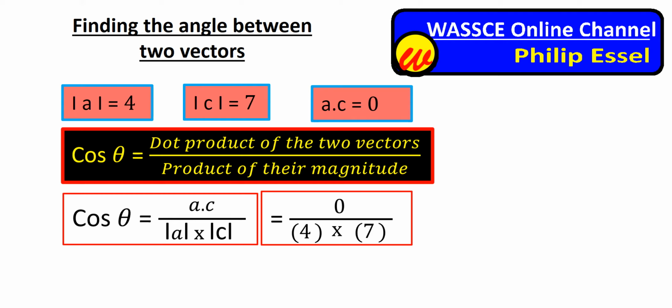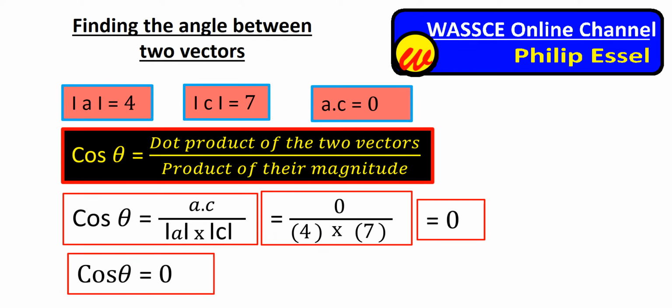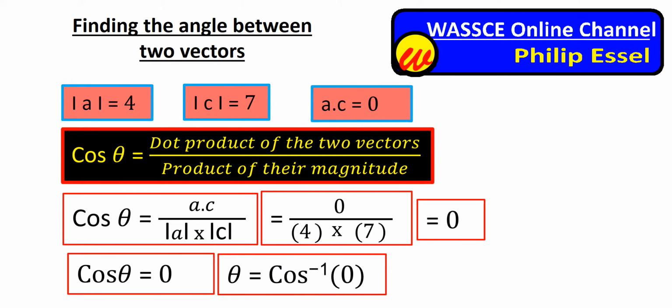When you punch this into the calculator, you would get 0. What this means is that our cos theta would be equal to 0. Our theta will therefore be equal to cos inverse of 0.